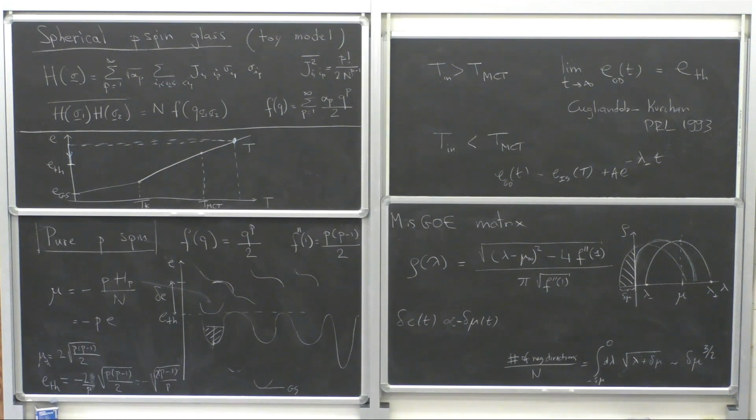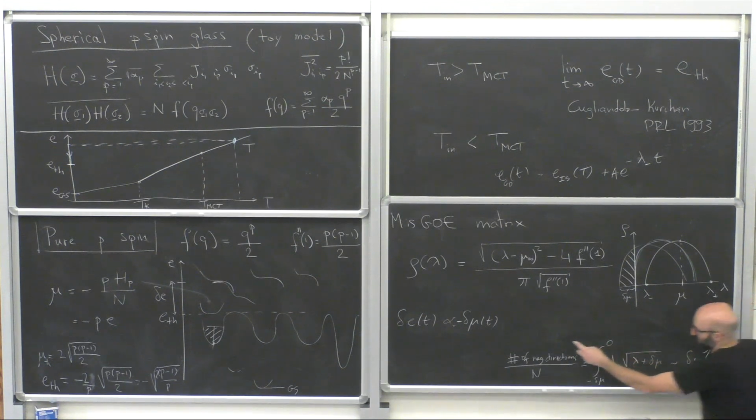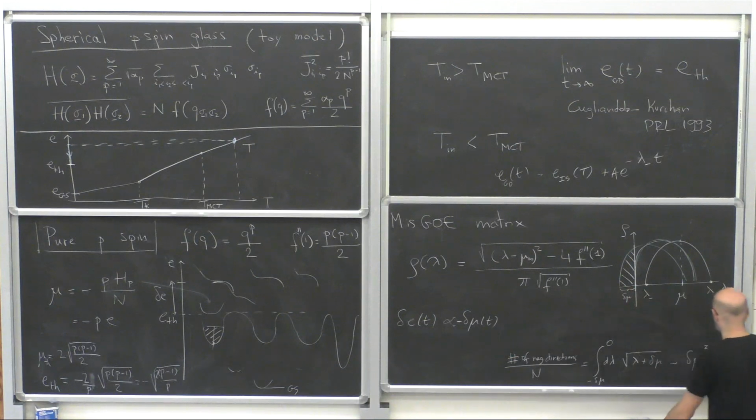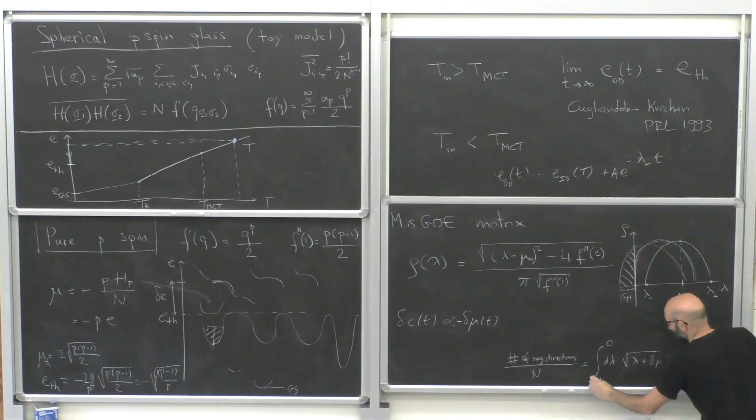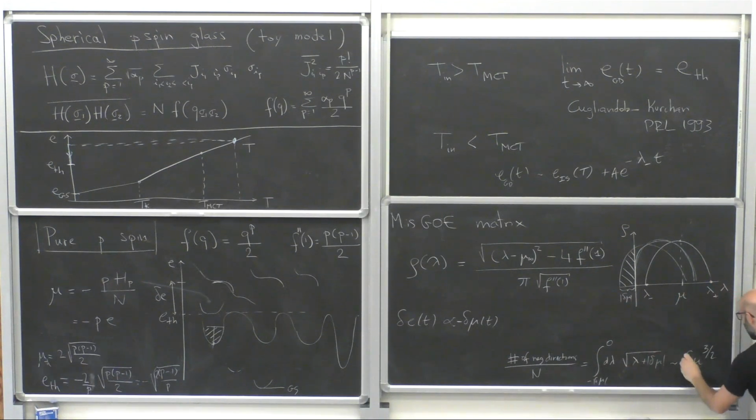So the number of negative directions goes like that, and this delta mu is also delta energy. Because delta energy is positive, delta mu is negative, so there are absolute values everywhere, but the important point is that delta mu is also delta E.